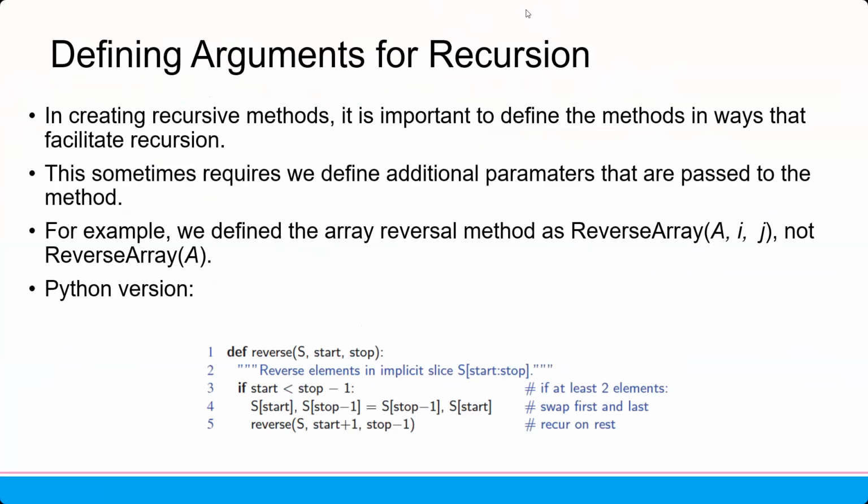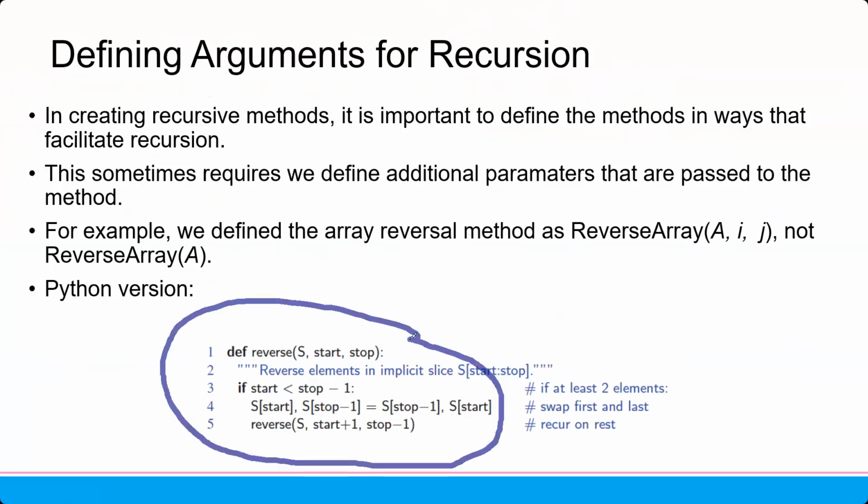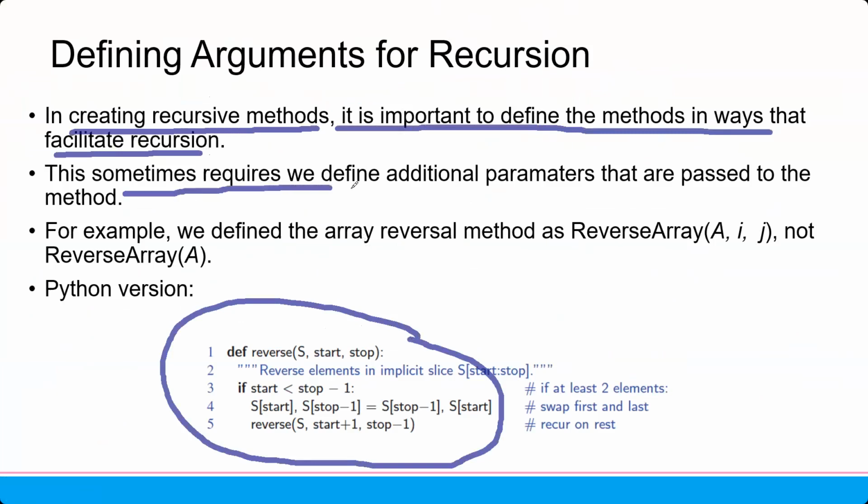So we can make this recursion. In creating recursive methods, it is important to define the method in ways that facilitate recursion. Sometimes this requires defining additional parameters that are passed to the method.